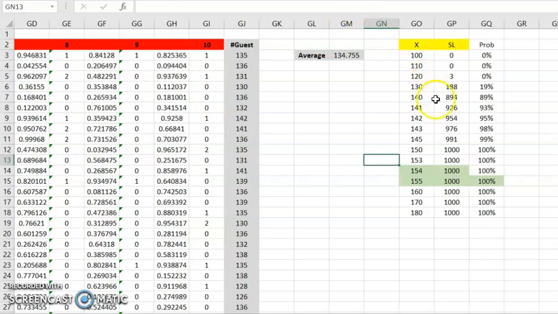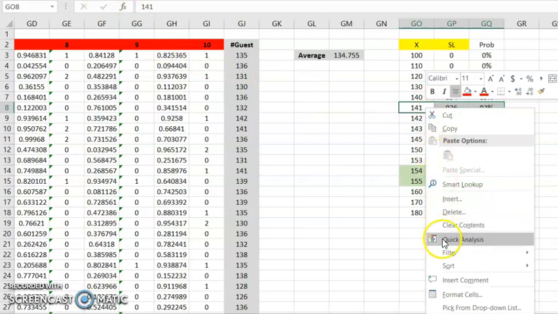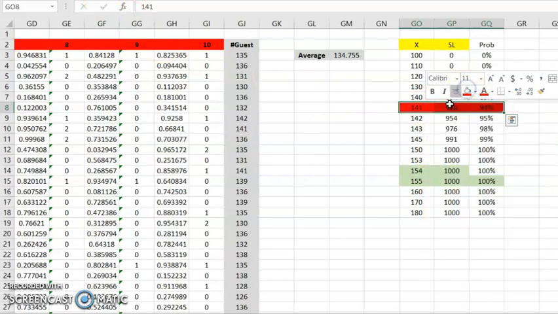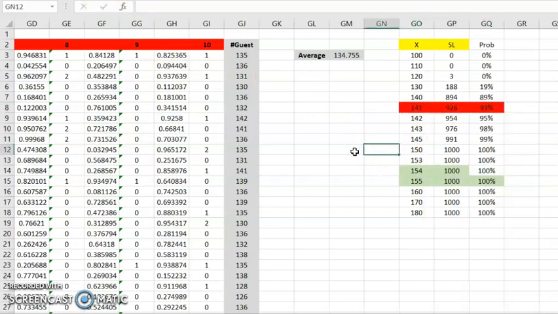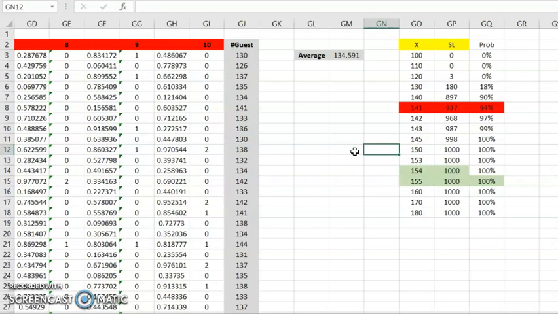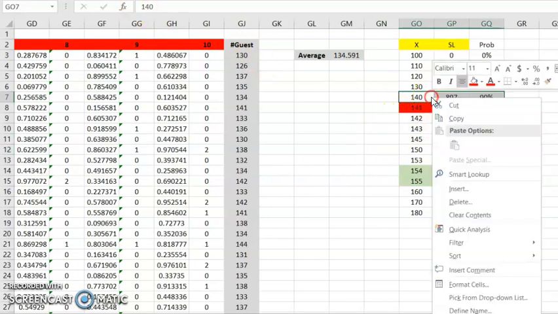So as you can see, we can get that desired service level of 90% when we are prepared for 141 guests. If I run it another time, okay, so again, you see even 140 can be the answer.